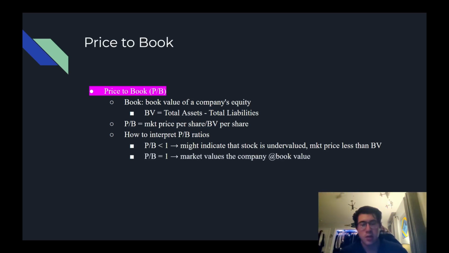A price to book equal to 1 means the market value of the company is equal to the book value, which is probably never going to happen, but if the price to book value is greater than 1, the company may have strong growth potential.